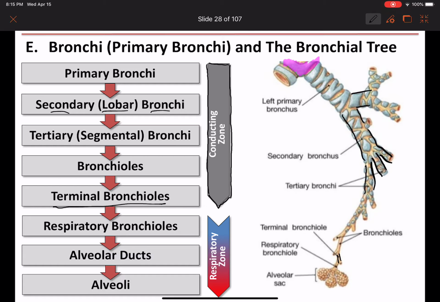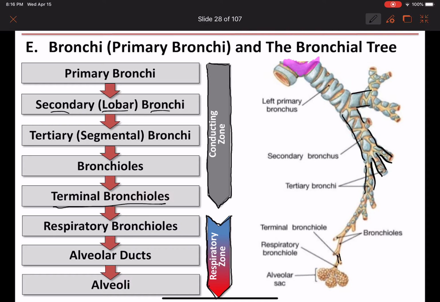Now they are in contrast to the respiratory zone of our lower respiratory tract, which is charged with actually facilitating respiration. If you remember, respiration in a nutshell, while it involves many processes, is basically the diffusion of O2 and CO2. So here in the respiratory zone of air passageways and air-containing structures, we have the facilitation of respiration.